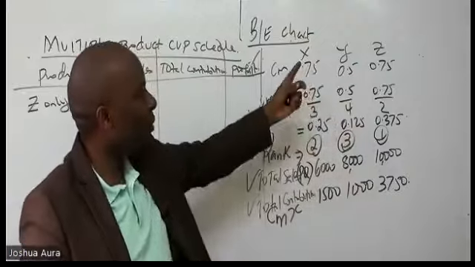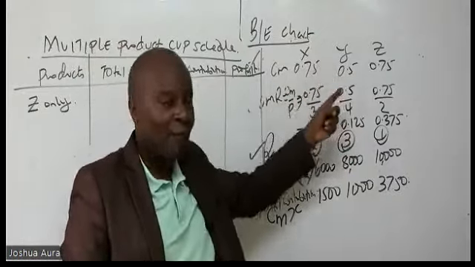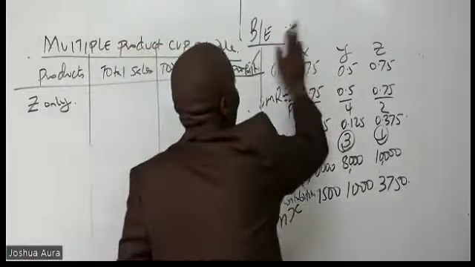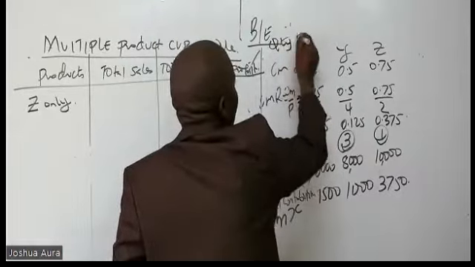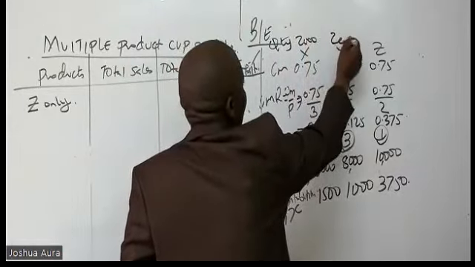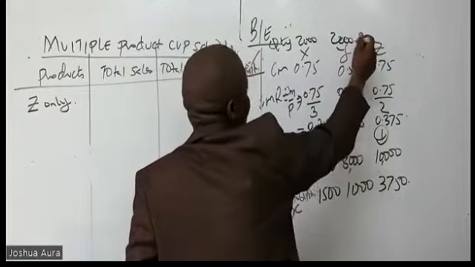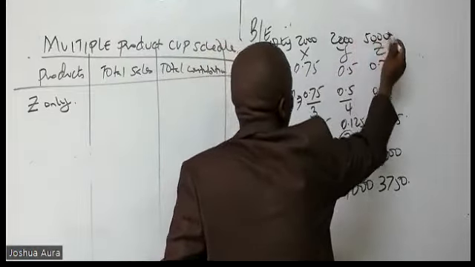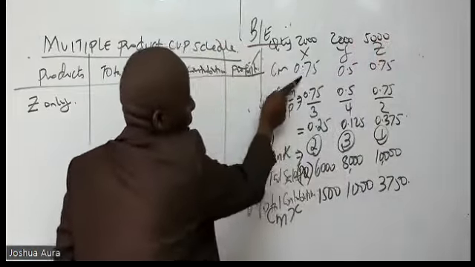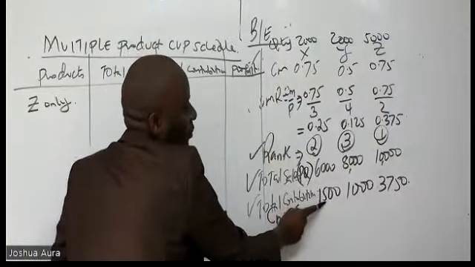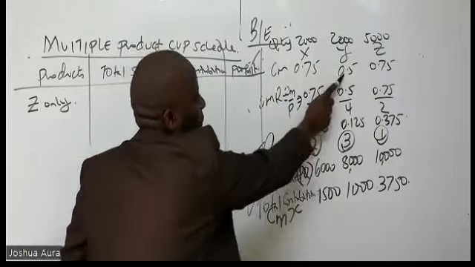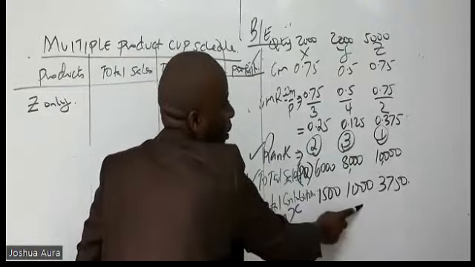If contribution for each unit is 0.5, and you have the quantities, which are 2,000, this also helps the student who was asking how we got the figures. 0.5 times 2,000 will give me 1,000.